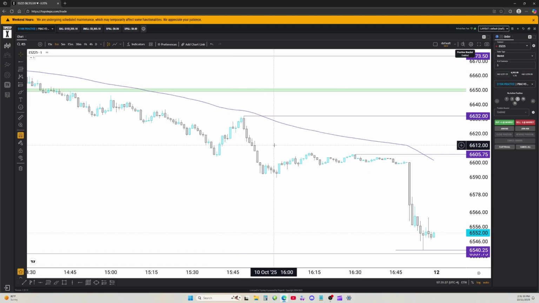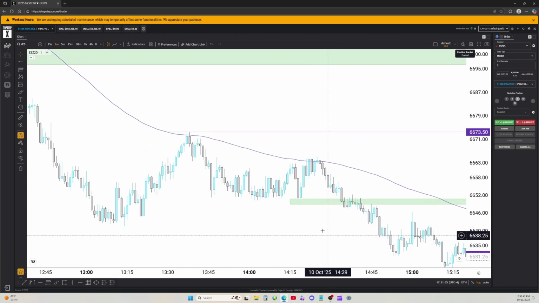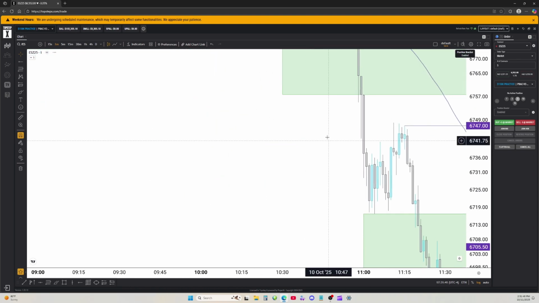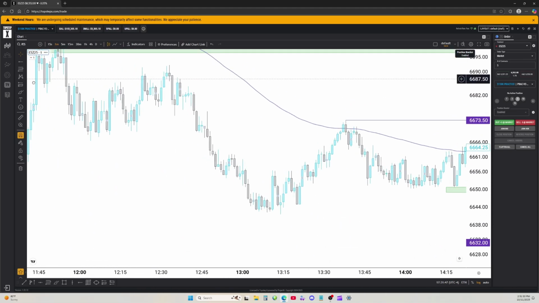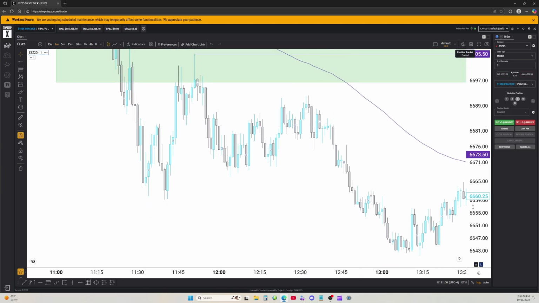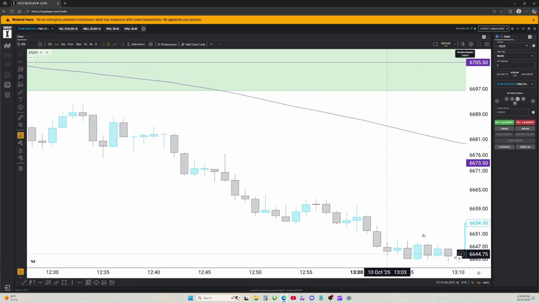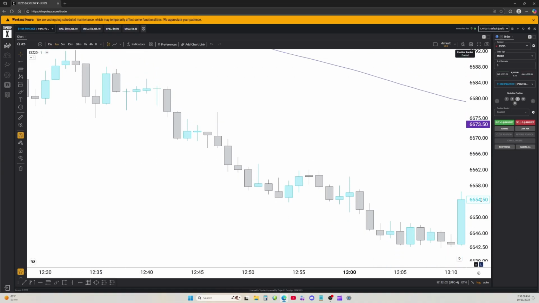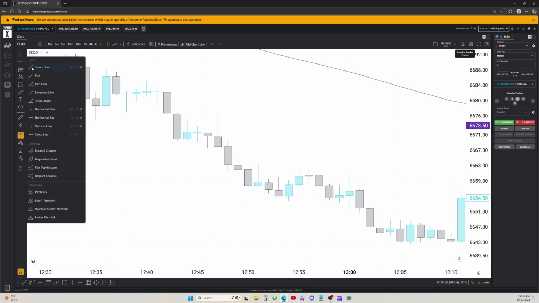Next. Next we'll do trends. Okay? We could do break of structure or whatever. Now let's just do trends. Okay, look. Think of it like this. When the price is moving from the top left corner area to the bottom right corner area, right?